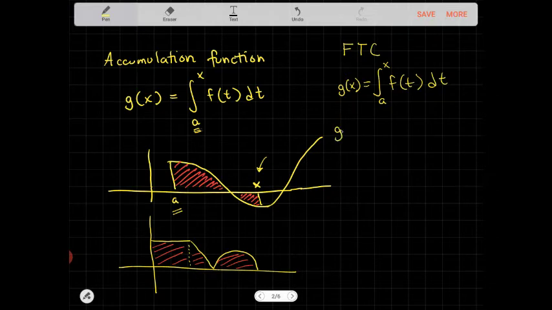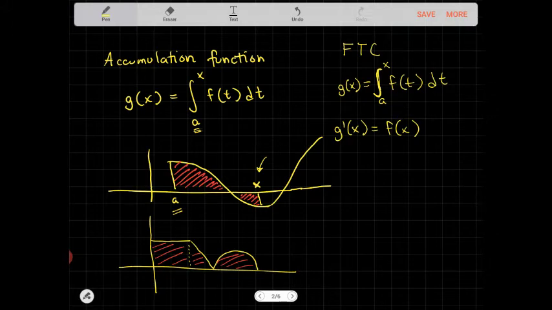And when you take the derivative of this type of function, the derivative is just the function inside the integral, because remember, an integral takes an antiderivative. So if you take the derivative of the antiderivative, they cancel and you end up with the function inside.